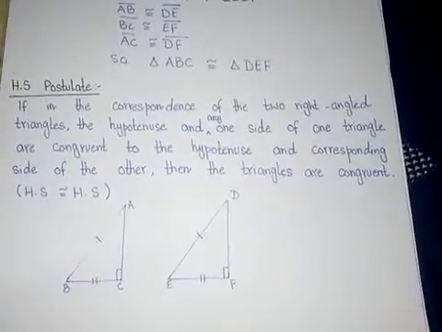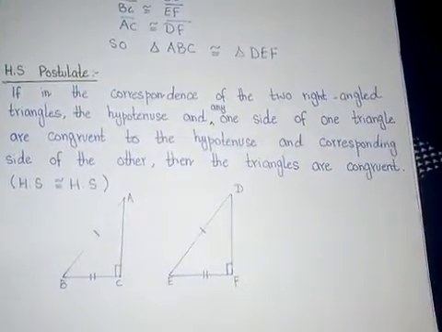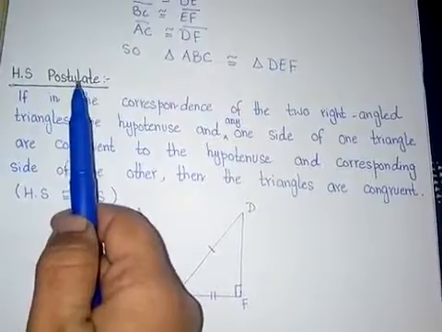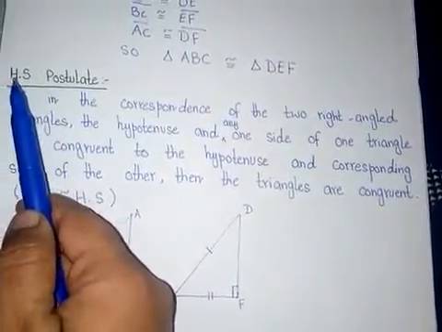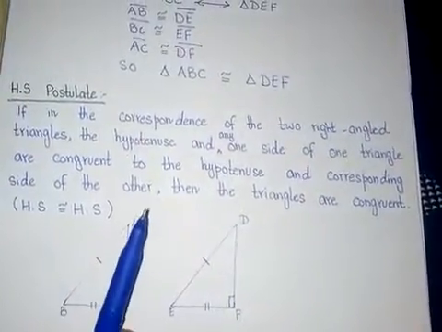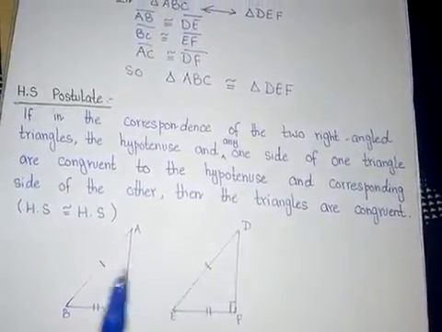Okay students, now we have our last postulate, our last definition of this chapter, which is HS postulate. Here S is same, representing the side, but H is representing the hypotenuse. This is the only postulate which deals with the right angled triangle.